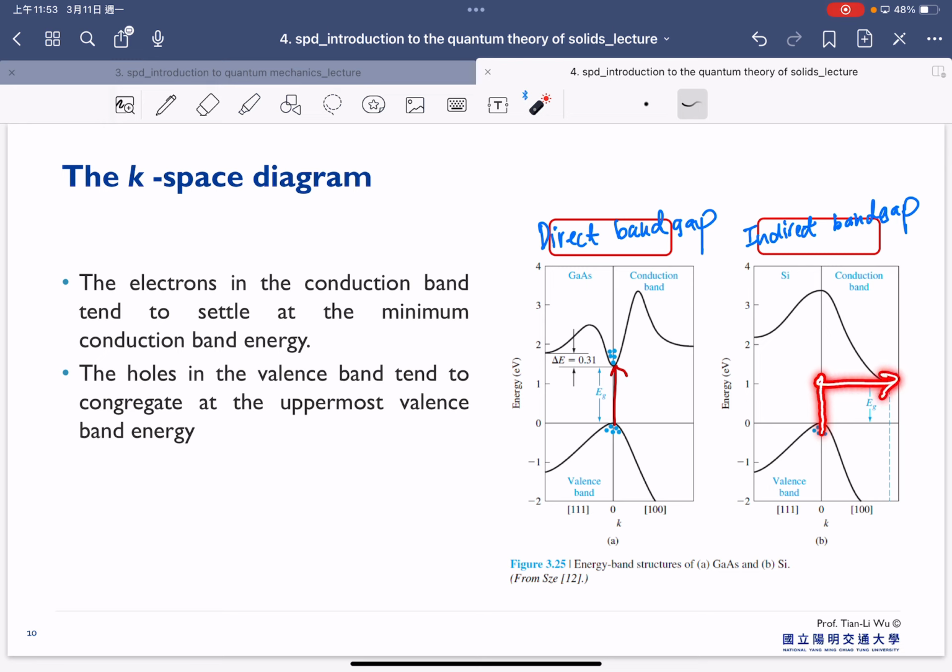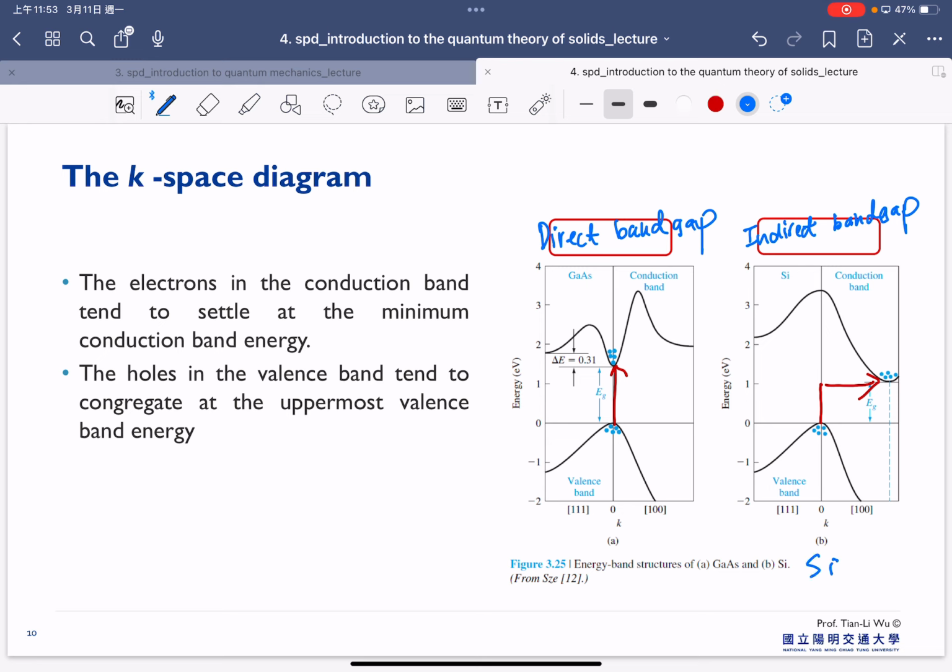So that's two things. The direct one only needs energy, but in the indirect one you need energy and another momentum. So that becomes very complicated to have the current. That's why in most cases, an indirect band gap material, for example silicon, is an indirect band gap.